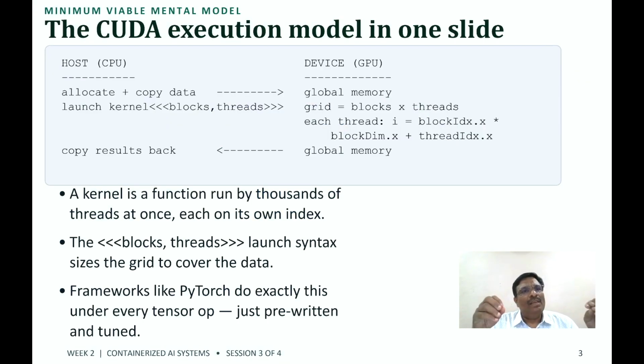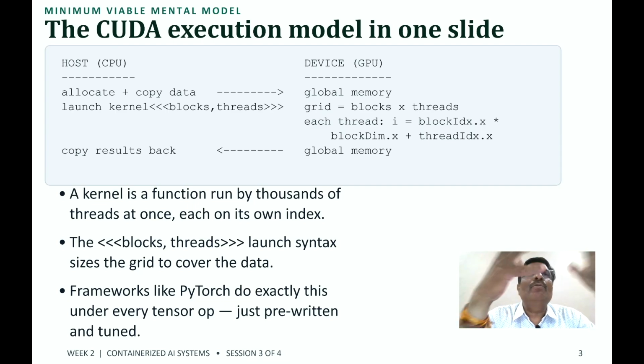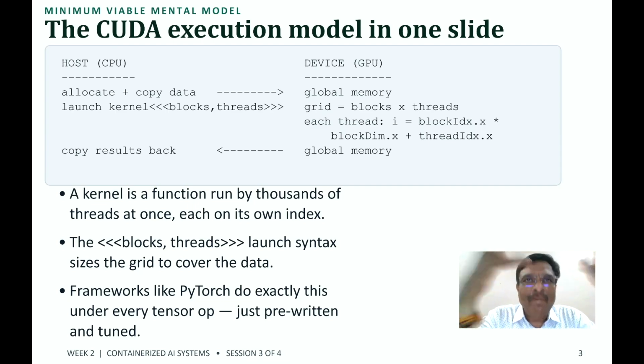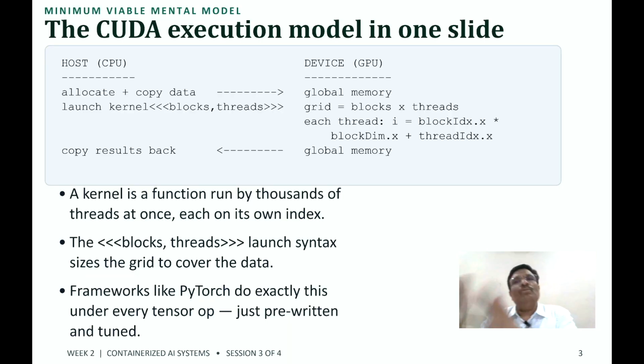So if you see the minimal viable mental model of how the CUDA execution model works, there are two things we are talking about. We have the host, which is the CPU, and we have the device, the GPU. Now, the basic idea is whatever heavy work we intend to do in a massively parallel way is supposed to be offloaded to the GPU, and then the GPU does all the computationally intensive parallel processing and returns the result back to the CPU.